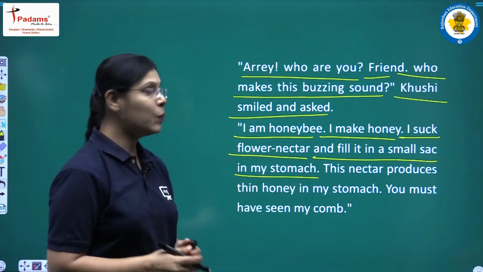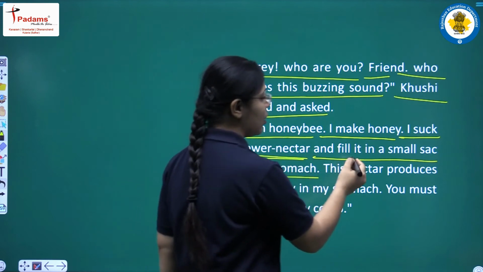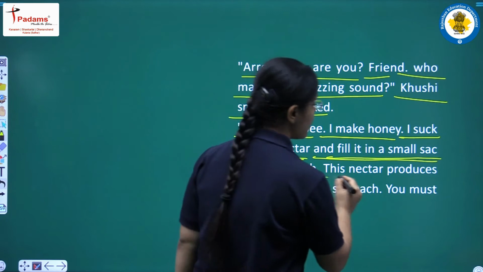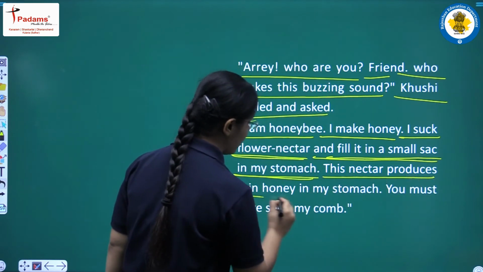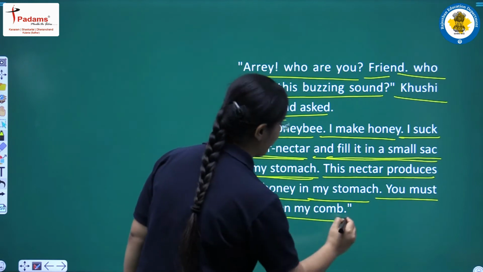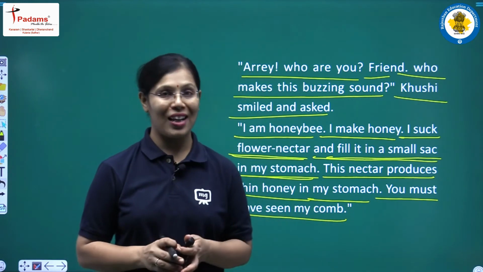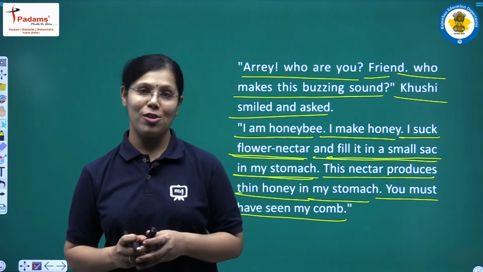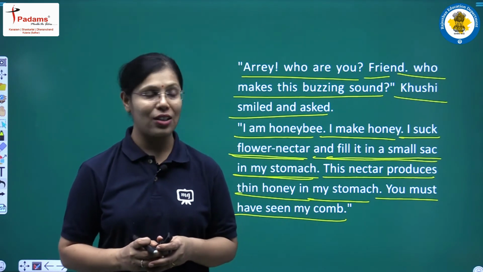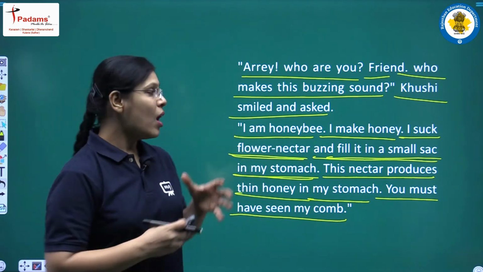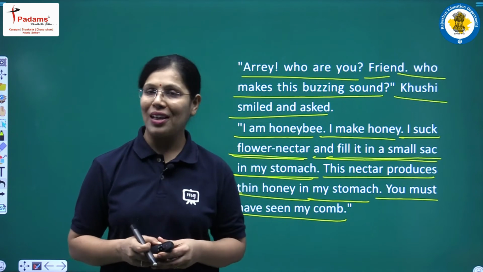This nectar produces thin honey in my stomach. You must have seen my comb. So, the honeybee was now talking to Khushi and she gave her introduction and told the process of making honey.